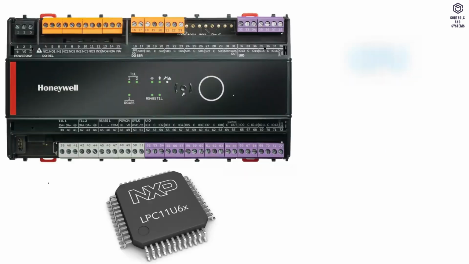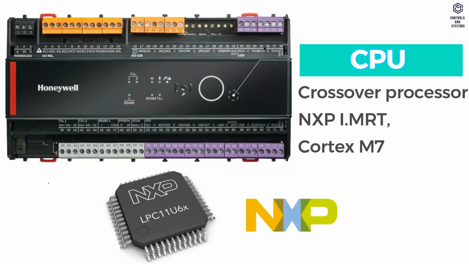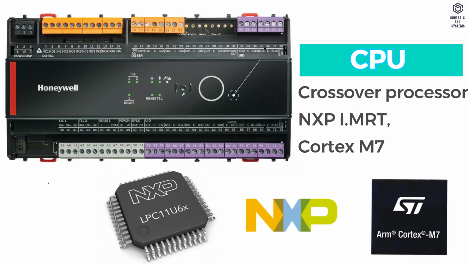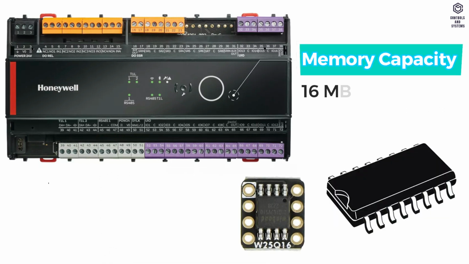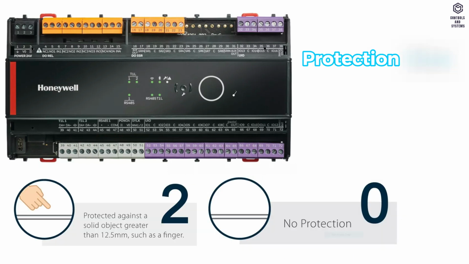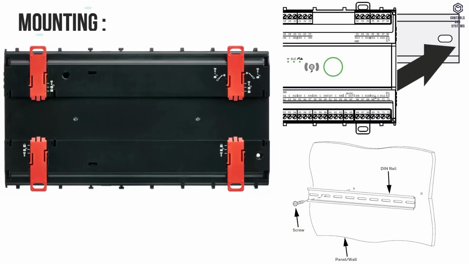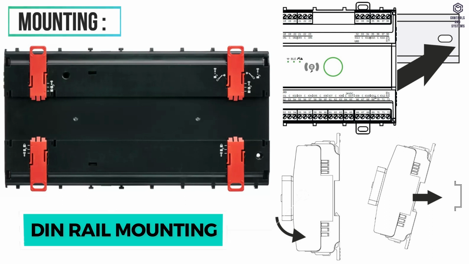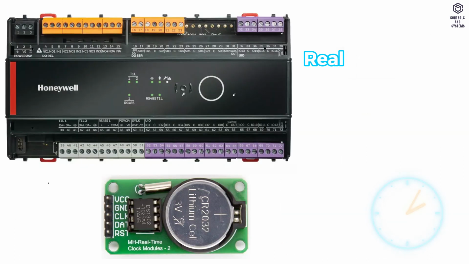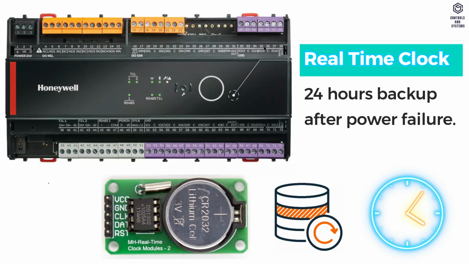Material data. CPU is a crossover processor, NXP i.MX RT, Cortex-M7. Memory capacity is 16 MB QSPI flash and 16 MB SDRAM. Protection class is IP20, NEMA 1. This controller is mounted either through a DIN rail or wall mounting. The real-time clock has 24-hour backup after power failure.